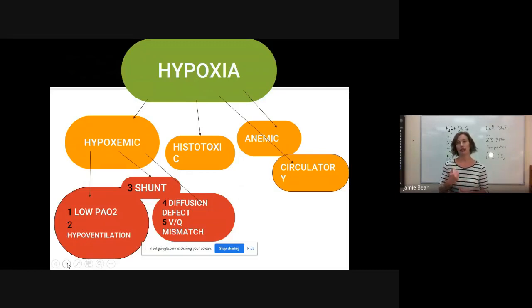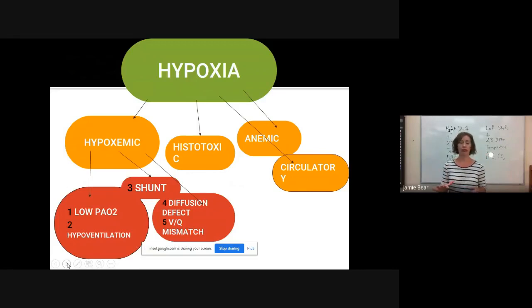We've talked on multiple occasions about ventilation's normal amount being 4 liters per minute. That's your minute ventilation, 4 liters every minute. Cardiac output is approximately 5 liters per minute. So we need that normal 4 liters per minute of gas exchanging with 5 liters per minute of cardiac output.